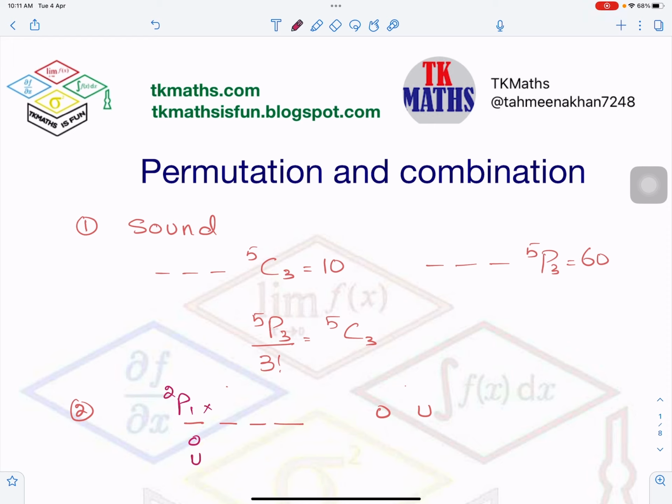Now one of the letters out of O and U will be put here. So now the remaining letters will be S, N and D, and one from here will come here. So altogether 4 letters. So in these 3 places which are left, you have to arrange 3 letters out of 4 letters. So you will do 4P3, right?